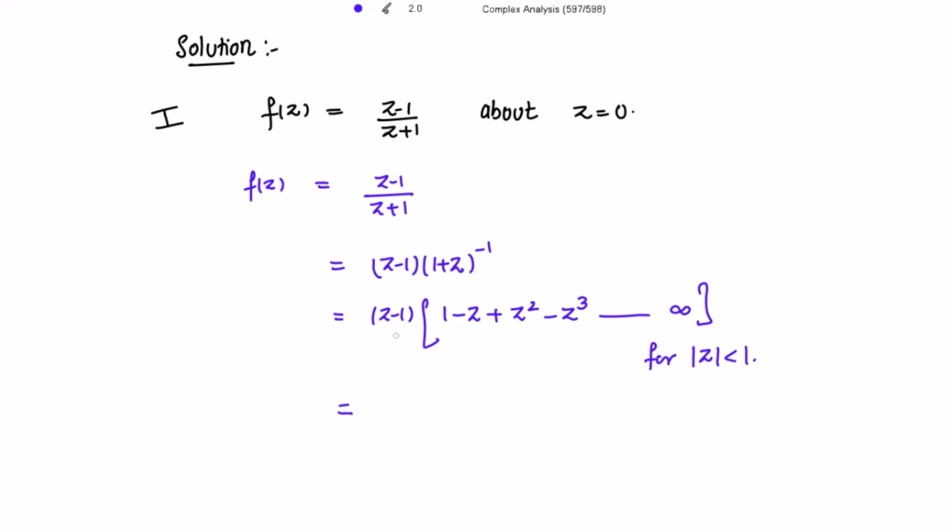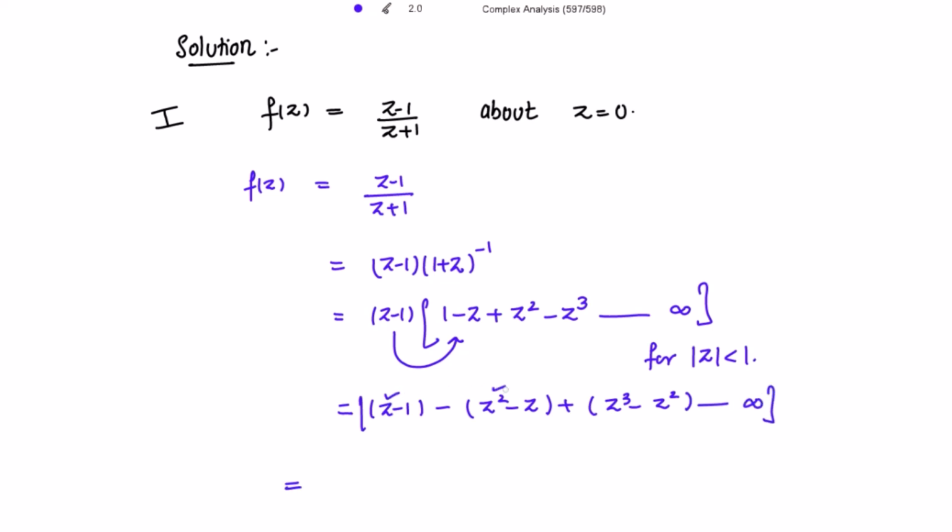Let's multiply this (z - 1) inside this. What we get is (z - 1) times (1 - z + z^2 - z^3 ...), which gives z - 1 - z^2 - z + z^3 - z^2 and so on up to infinity.